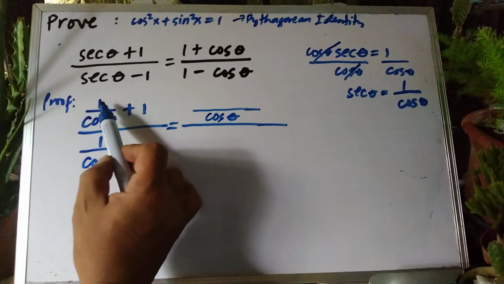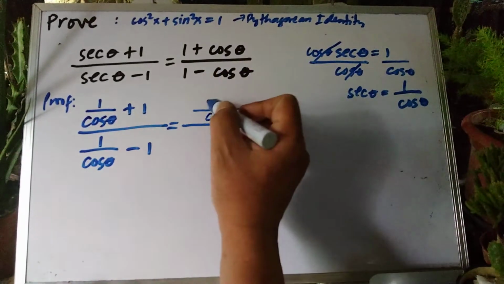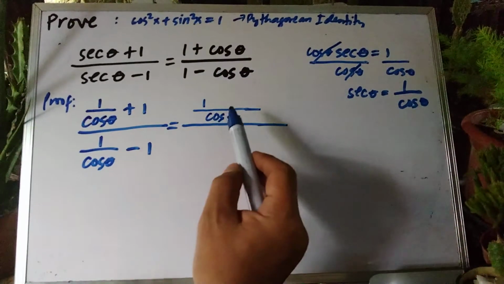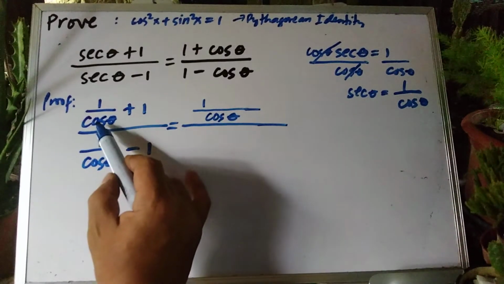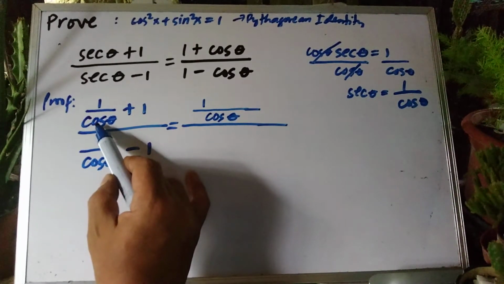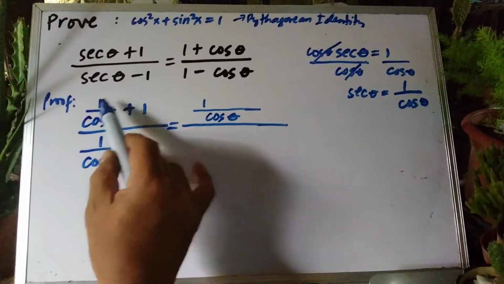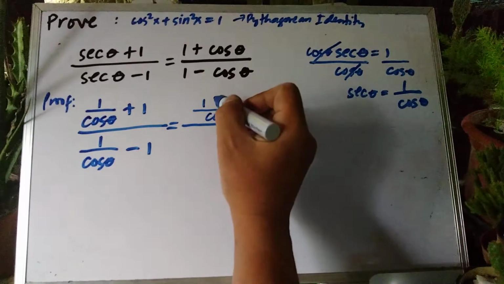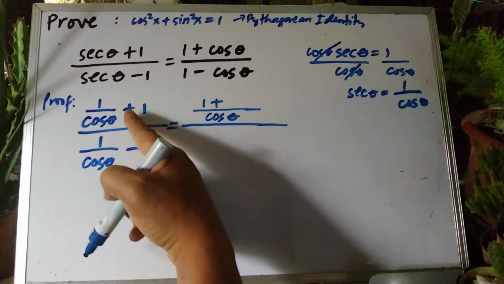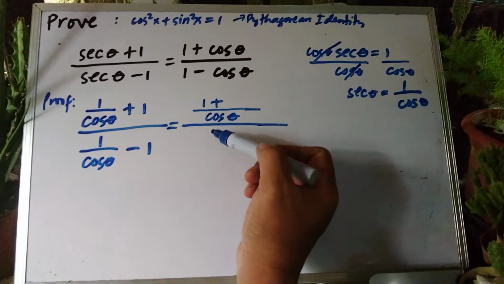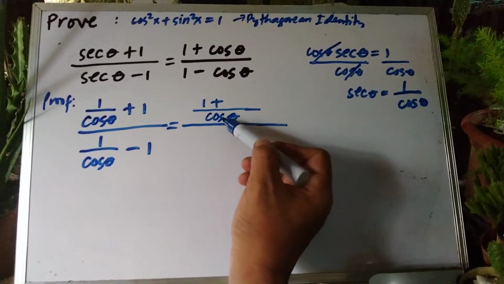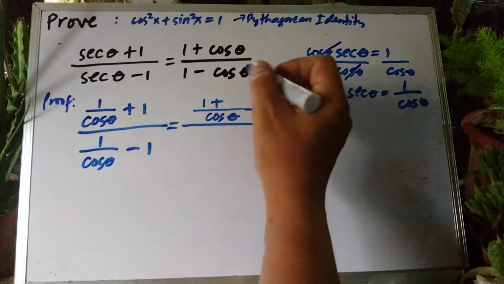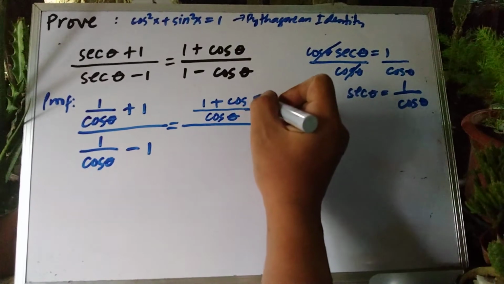Mumultiply din natin yan sa numerator na 1. You have 1. Okay? Again, cosine theta, i-divide natin sa cosine theta. We have 1. 1 times 1 here, you have 1. So, we copy the plus sign because we have plus here. So, directly multiply cosine theta times 1. You have cosine theta.